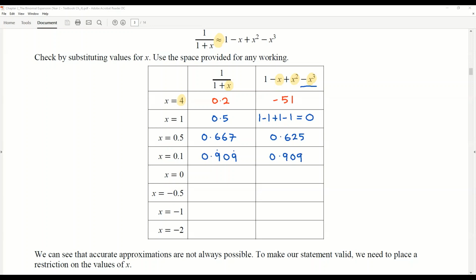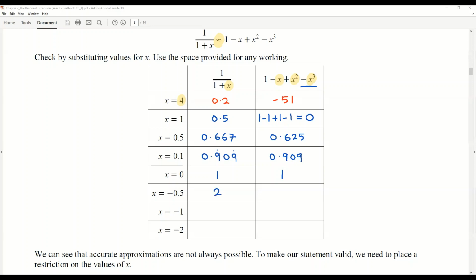That's interesting. If we put in x equals 0, we get 1, of course, on the left. And we also get 1 on the right. We get a match. They are precisely the same. That's also interesting. X equals negative 0.5. Well, that's going to be 1 over a half, which is, of course, 2.